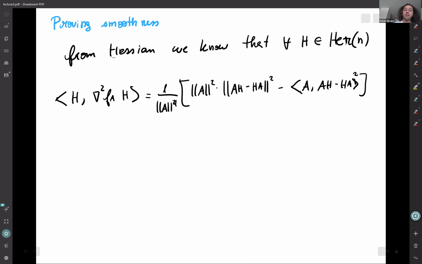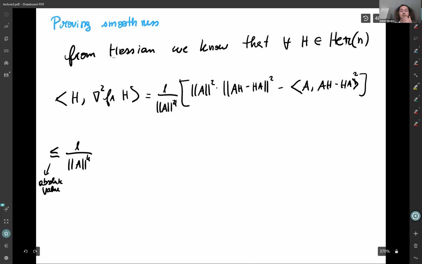And then we can think about this: if we take the absolute value, this is less than or equal to 1 over the norm of A to the 4th.